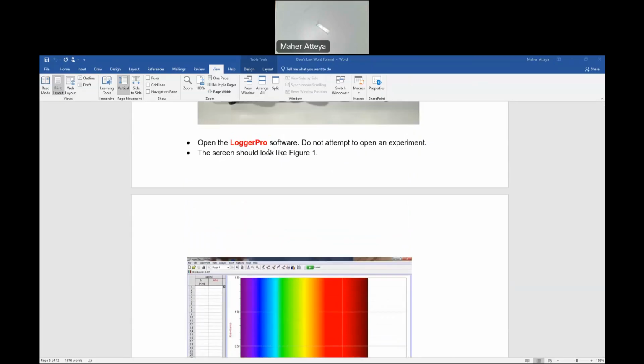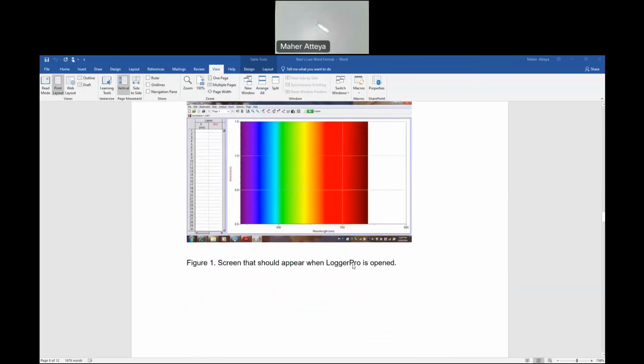On your left, in the icons, there is Logger Pro. When you open it, you will see something like this, correct? Make sure that your spectrophotometer is connected and it's warmed up enough, at least more than 15 minutes. So you will see this one here.